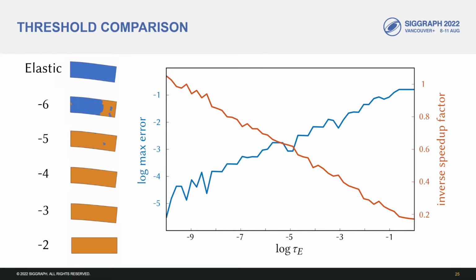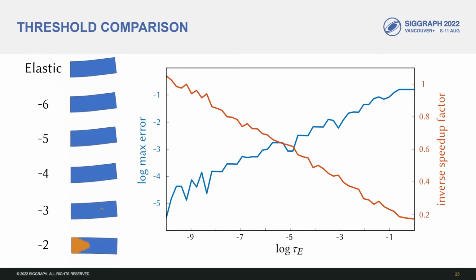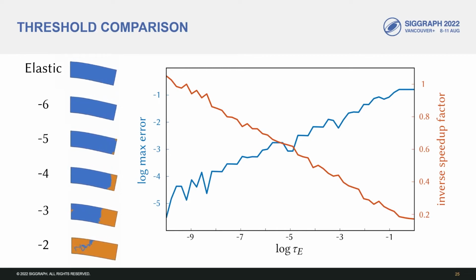To compute visual consistency, we run a test simulation of a damped cantilever under gravity, which receives a force on its free end after it comes to rest. The error, in comparison to the fully elastic ground truth simulation, is computed as the maximum vertex distance over all time steps.